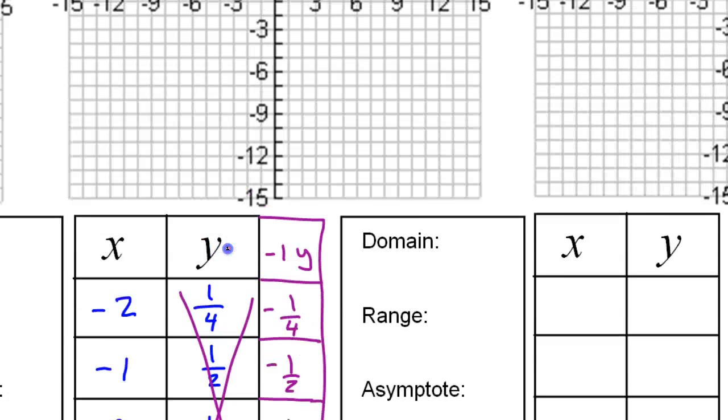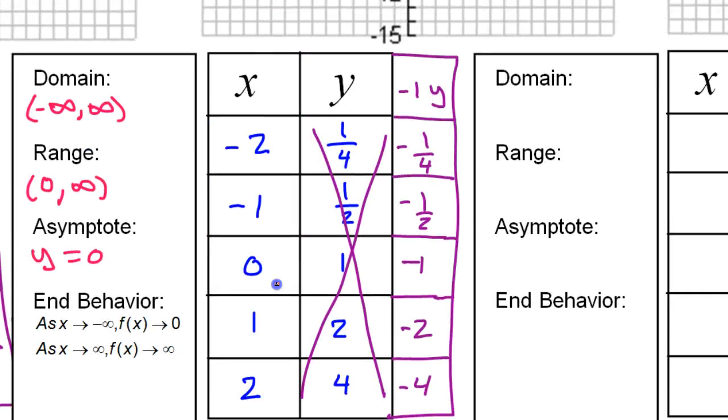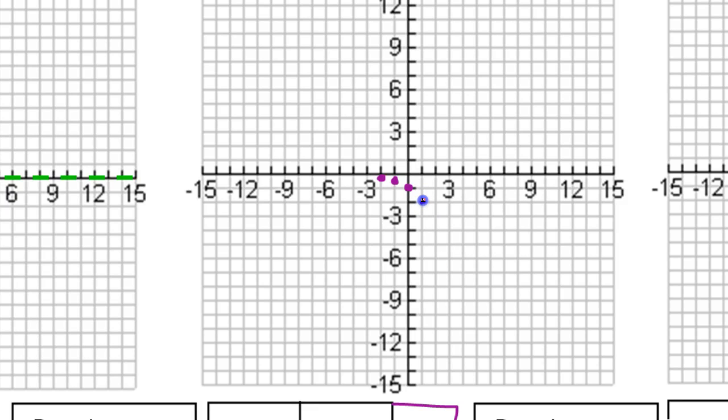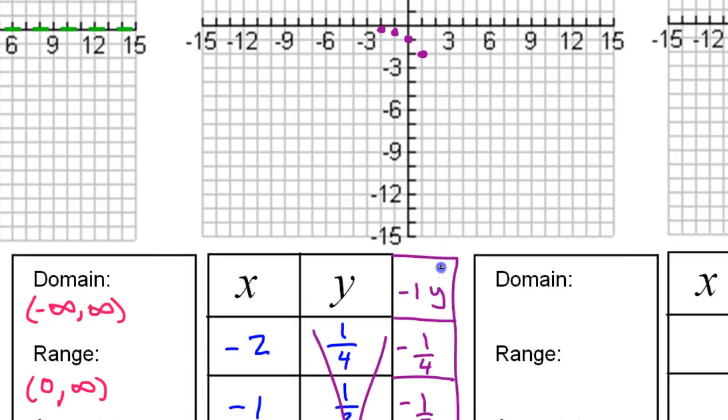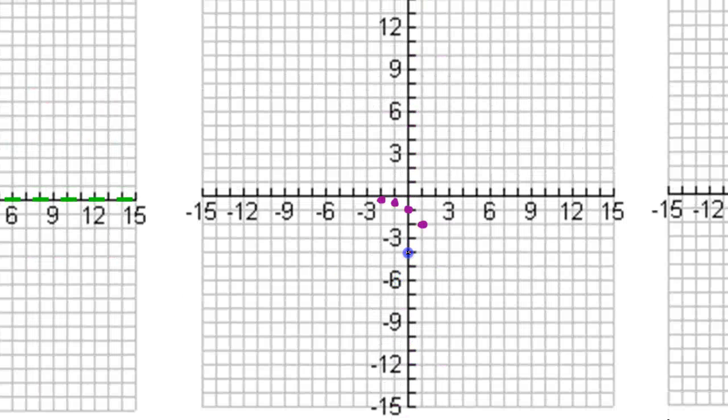Zero is -1. One is at -2. And 2 is at -4. So those are the 5 points. This is the skeleton. Do not connect the dots.